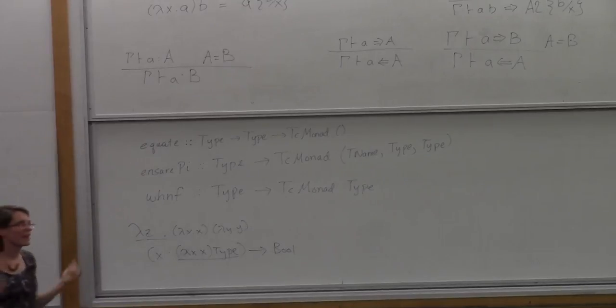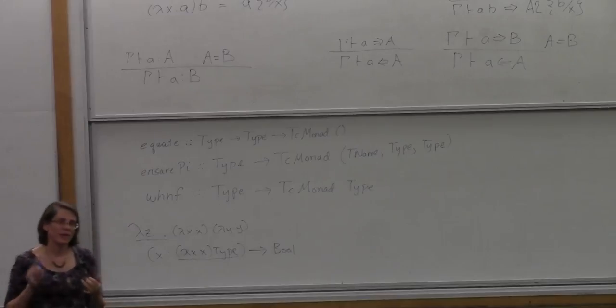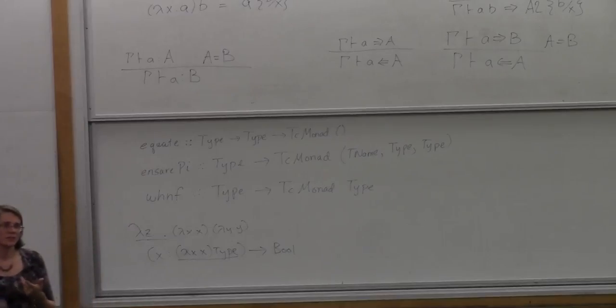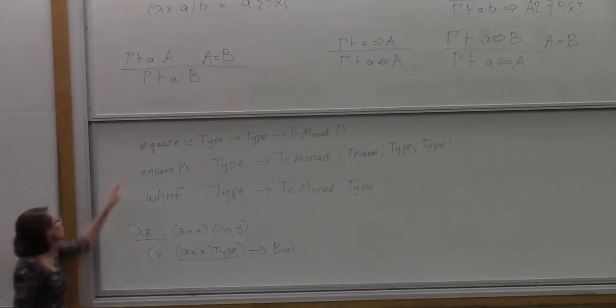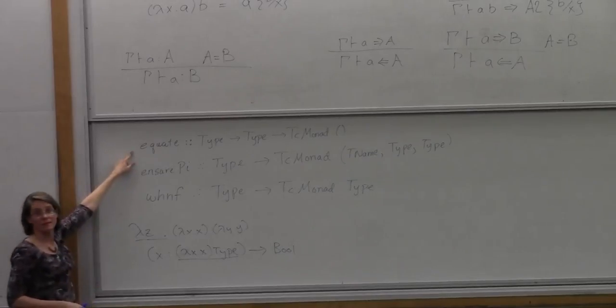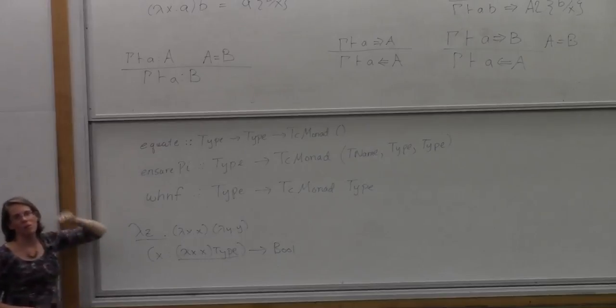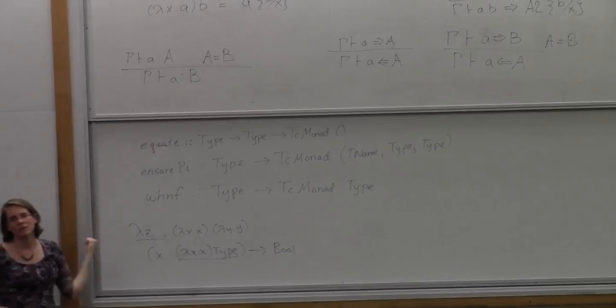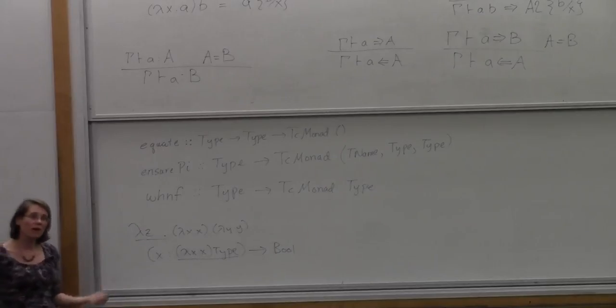But just saying it's a relation that contains beta, has symmetry, reflexivity, transitivity, and is congruent doesn't tell us how to implement equate. So how should we do it? How can we decide whether two types are beta equivalent to each other? What could our algorithm look like?